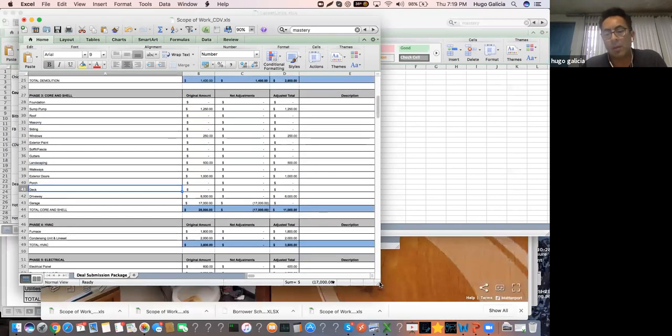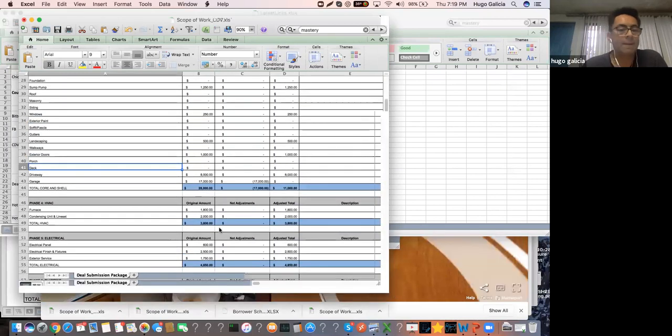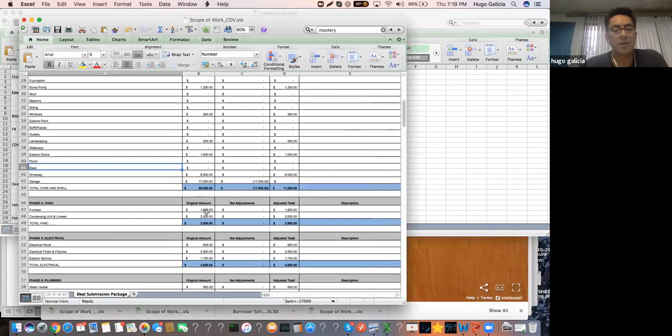Let me make it a little bit bigger. Okay, so the furnace is about 1,800. So the furnace that we looked at looks okay so far, but obviously we need to have it inspected. Condenser, this is the unit that I was telling you that goes outside, is 2,000. So this is just HVAC.